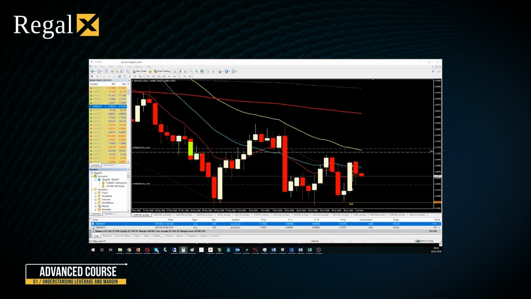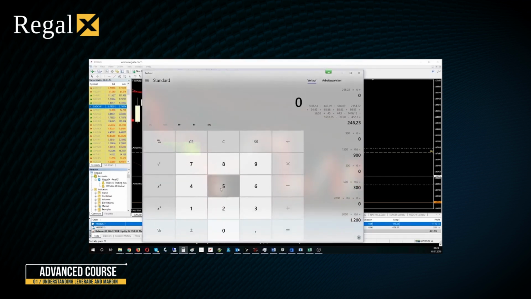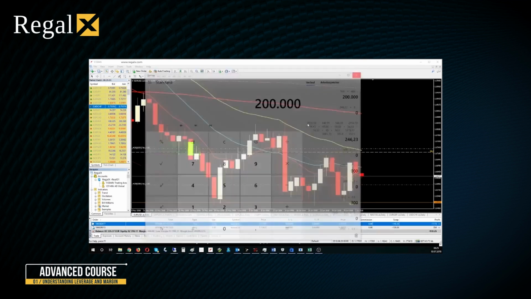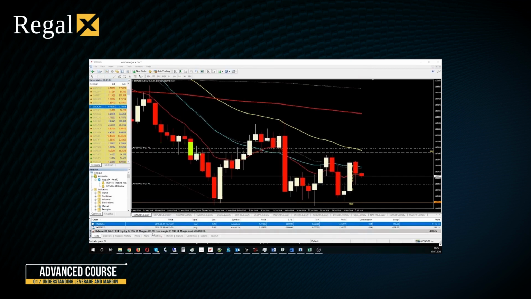And then it shows me the free margin. Free margin means how much money I have left in the account to add more positions. In this case, it's basically the equity minus the margin: 82,400 minus 400 is 82,000. So very, very simple. And then there is something called margin level.